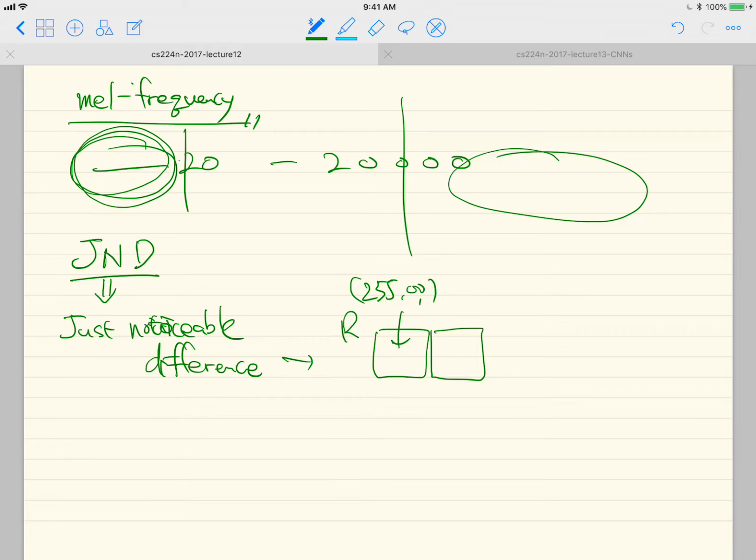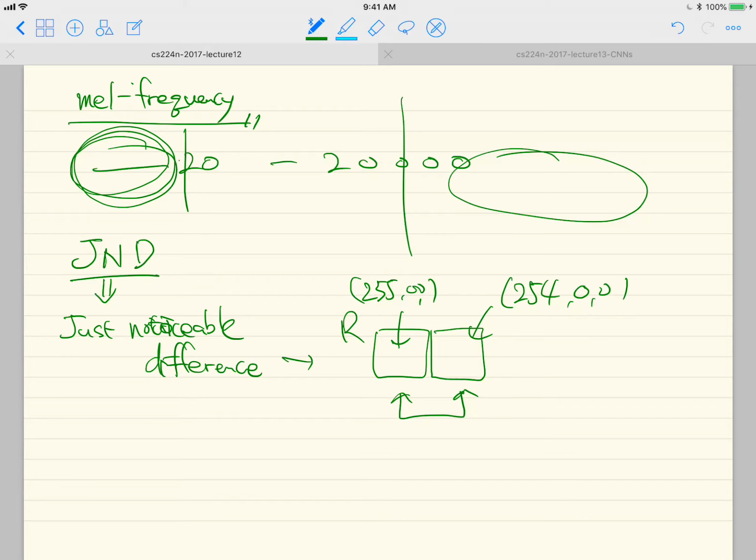This is clearly pure red, right? And 254, 0, 0 is just a slightly less red color. Do you think we can discriminate between these two colors when they are placed near each other? It may or may not, right?